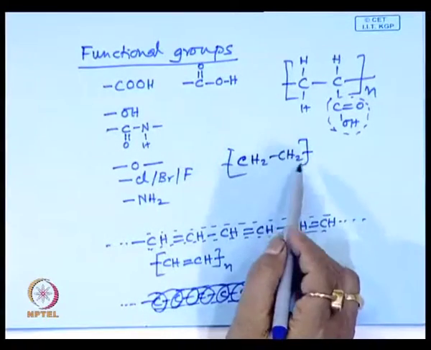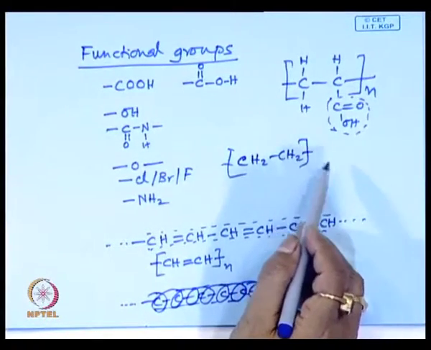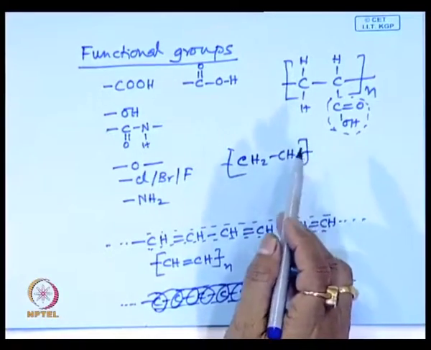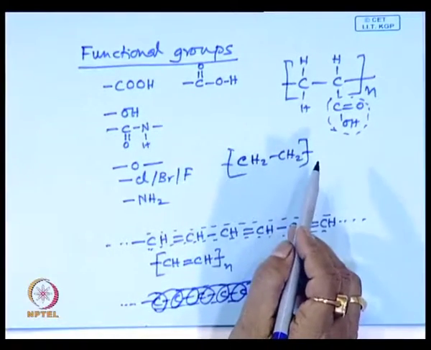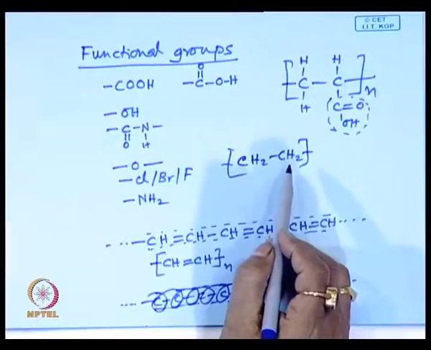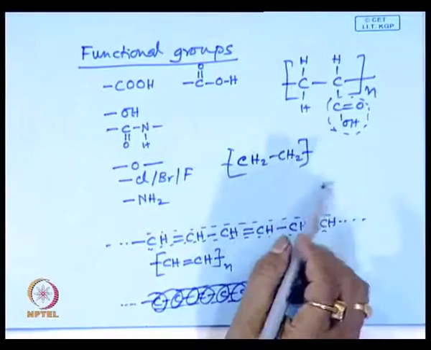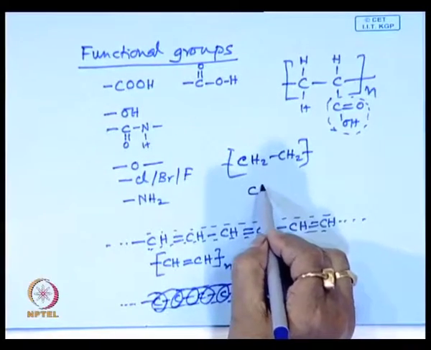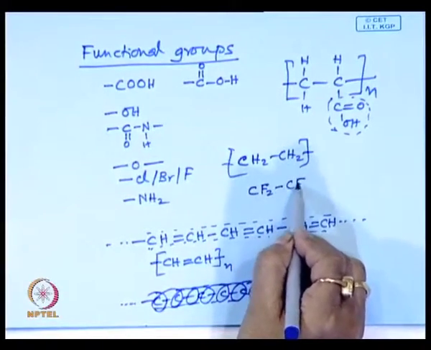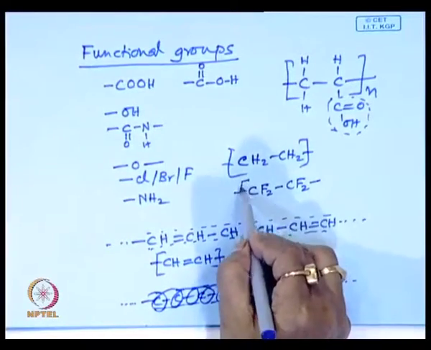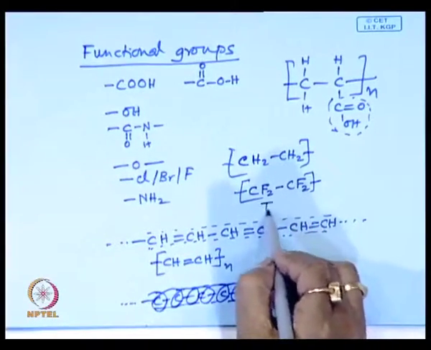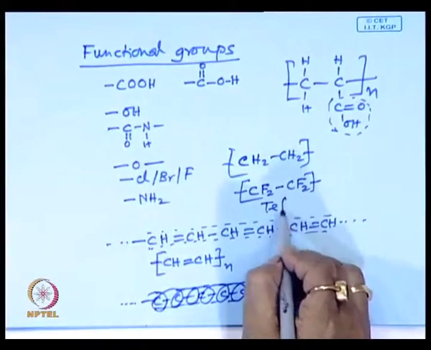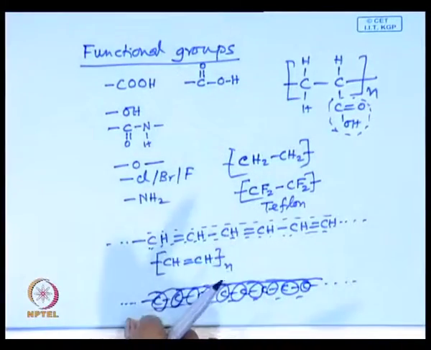You can substitute one hydrogen atom by one functional group, two hydrogen atoms by two functional groups, or the same functional group, or all the hydrogen atoms by different functional groups. Then you can get a polymer easily. What is this? This is Teflon, polytetrafluoroethylene. So, it is easy to remember.